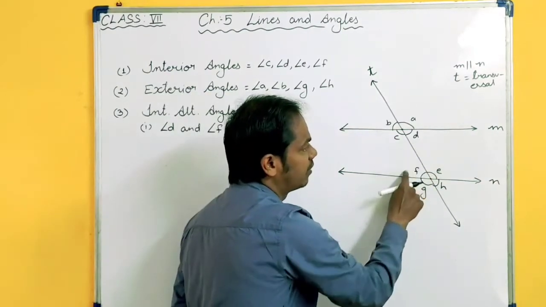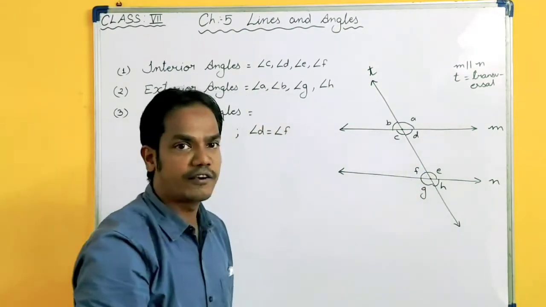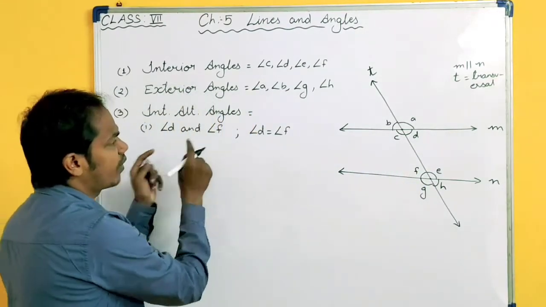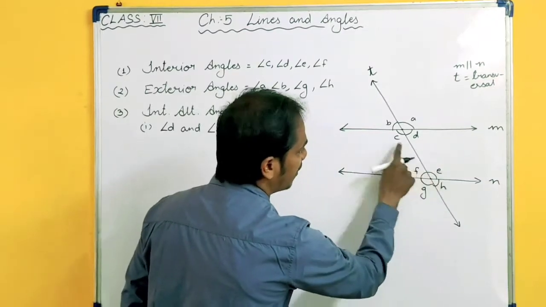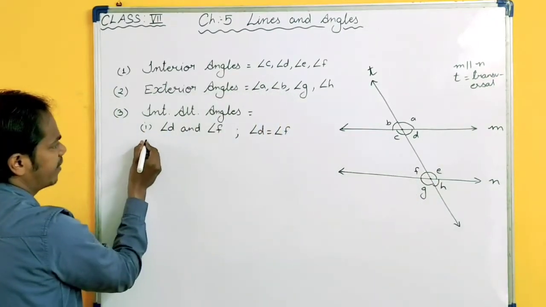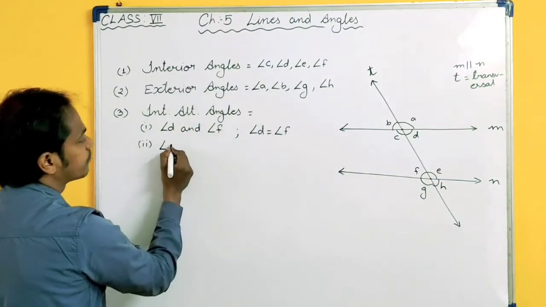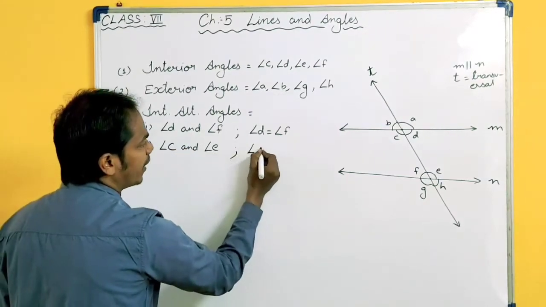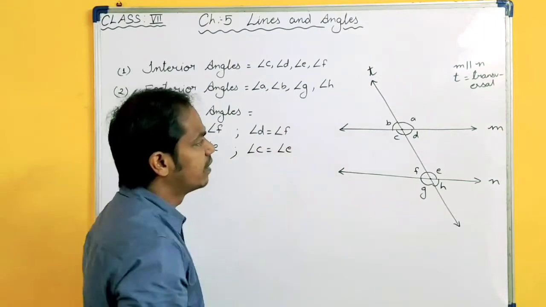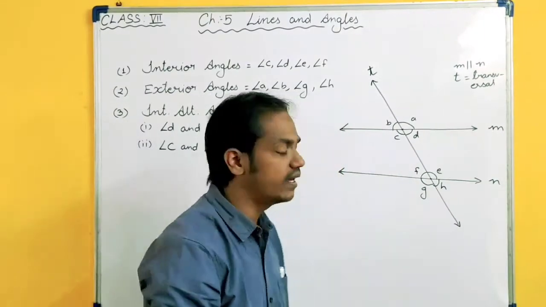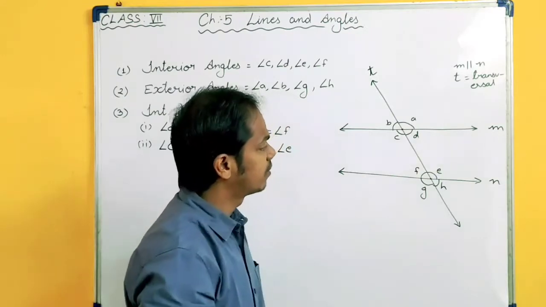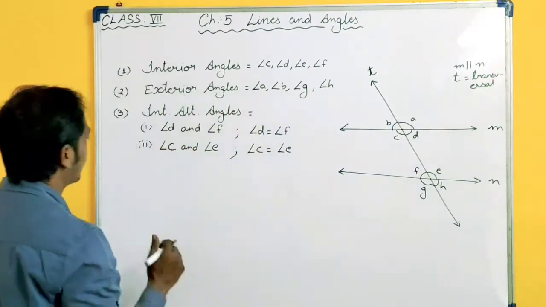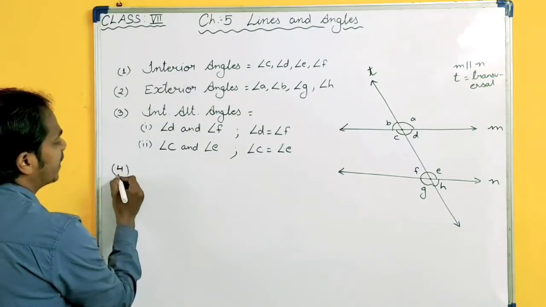These are called interior alternate angles and this pair is always equal. Same way, the second pair is angle C and angle E, so angle C is equal to angle E. Suppose C is 120 degrees, so E will also be 120 degrees. Both are equal.